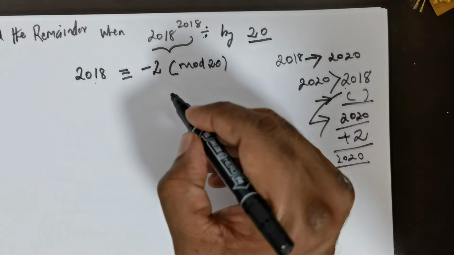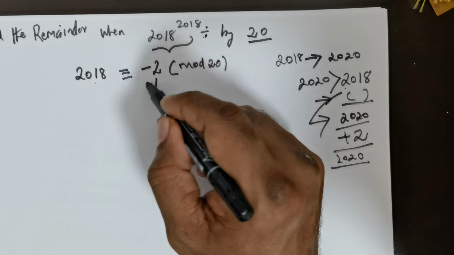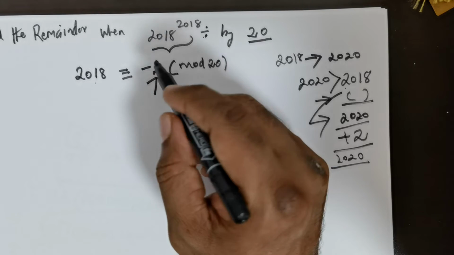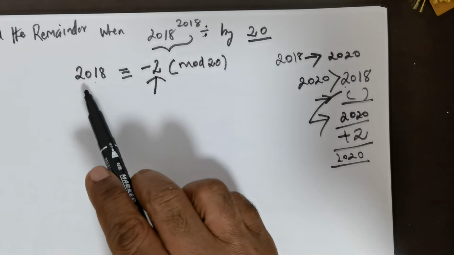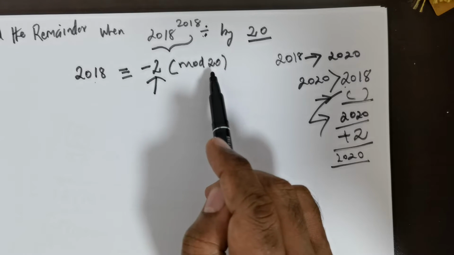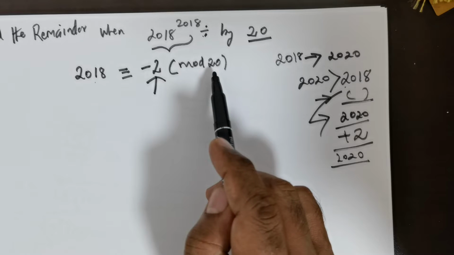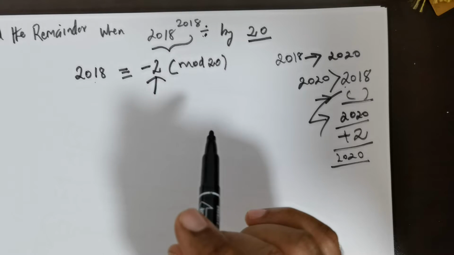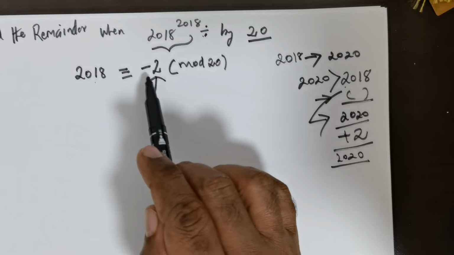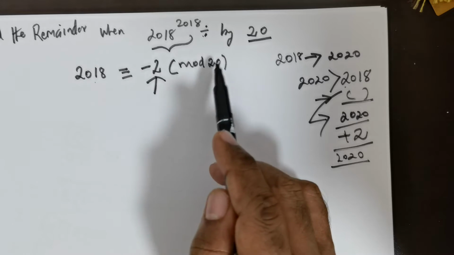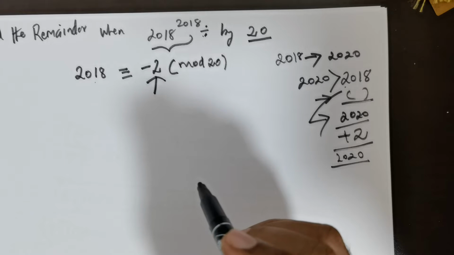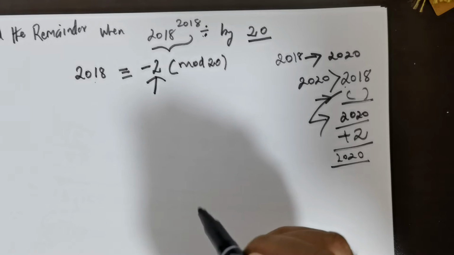So find out that quantity of number which is required to ensure that the given number is perfectly divisible by 20, thereby leaving us the remainder 0. So that should be your quest. So in this case, negative 2. If I were to add the 2, I will get 2020, and 2020 is perfectly divisible by 20. So I hope you got that essence.